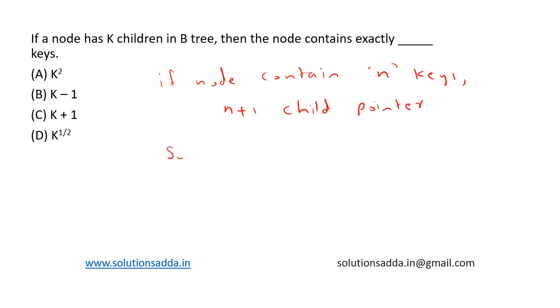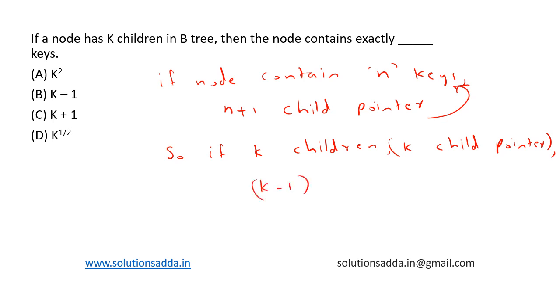So if we have k children, then k children means k child pointers. Conversely, based on this fact, we can say that it should have k minus 1 keys. So option B, k minus 1 is the right answer here.